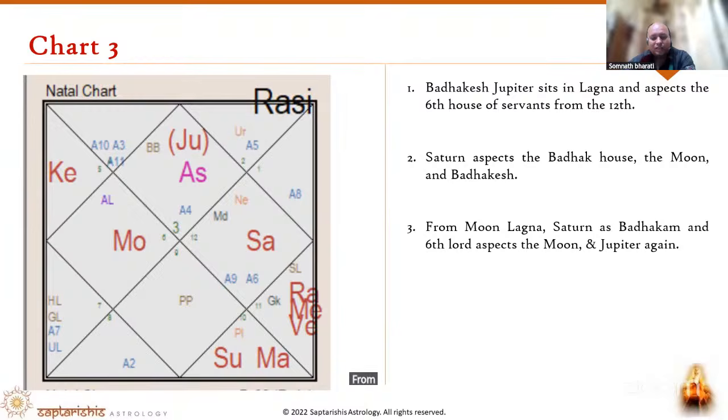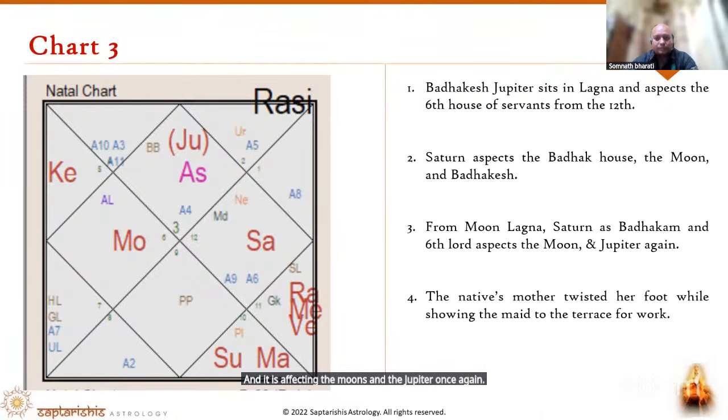From Moon Lagna, Saturn as Badhakam is also the lord of the sixth, and it is aspecting the Moon and the Jupiter once again. The event that happened was that the native's mother twisted her foot while showing the maid to the terrace for work.